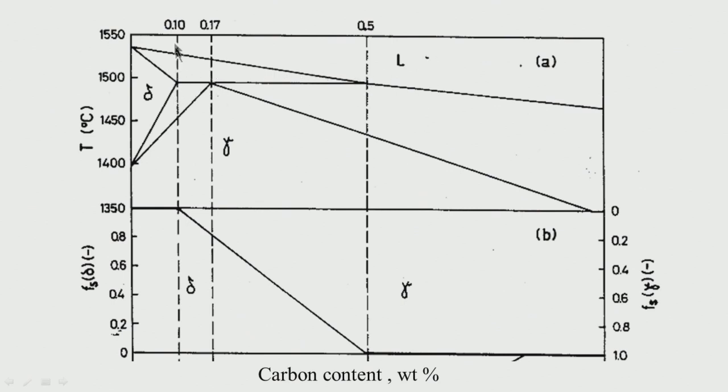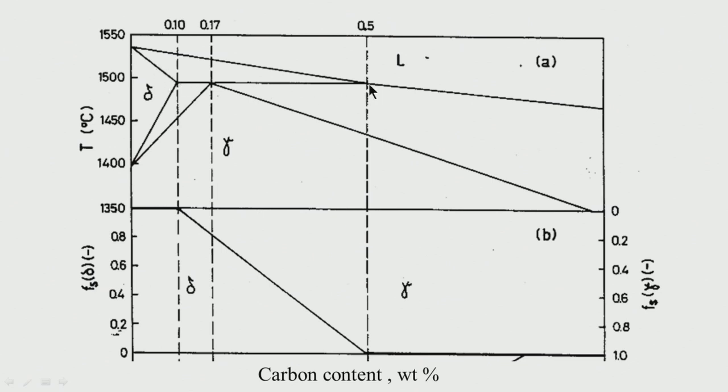So, when it is less than 0.1, it is 100% delta. When the carbon concentration is more than 0.5, it is 100% gamma. In between 0.1 to 0.5, during solidifying it is a mixture of delta and gamma. Finally, everything is gamma, but during solidification for carbon concentration less than 0.1, it is 100% delta.